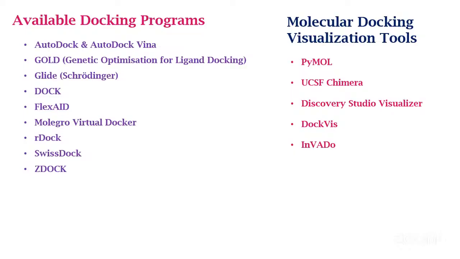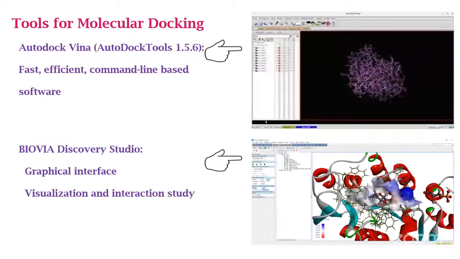And after docking, there are some software available for visualization of docking results, like PyMOL, UCSF Chimera, then Discovery Studio, DockWiz, Maestro, etc. For our study, we are using these two important software. Both are academic versions, which means they are totally free and easily available on the internet for download.